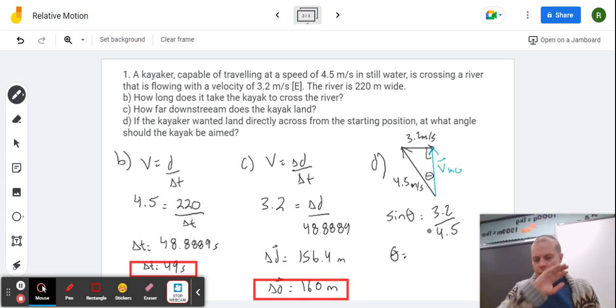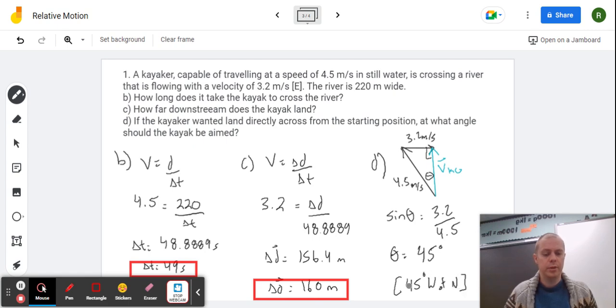Okay. So we run that through our calculator and round to significant digits. We get approximately 45 degrees. So they would need to aim 45 degrees west of north.